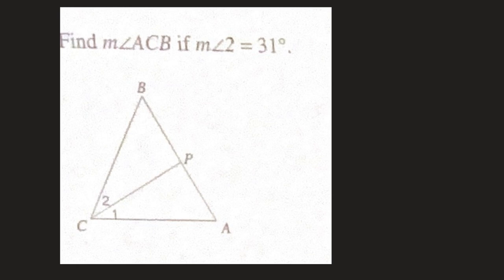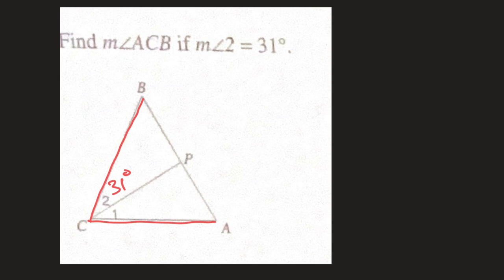Okay, next one. Find the measure of angle ACB. So ACB is the big angle, okay? So this time they're wanting us to find the entire angle, kind of what we just talked about. They tell us the measure of angle 2, which is 31.